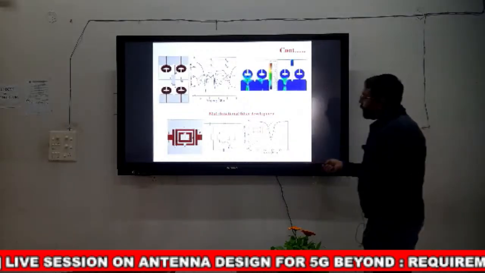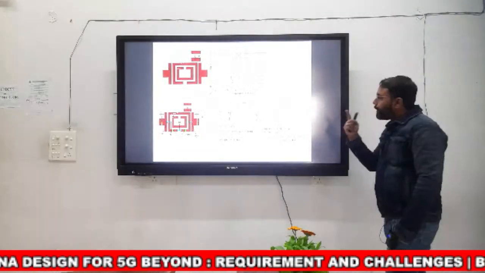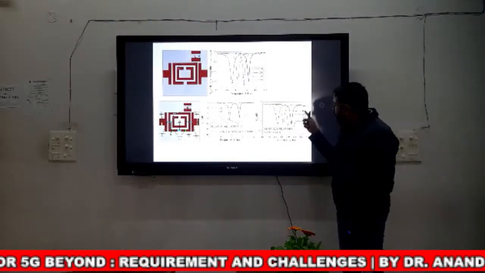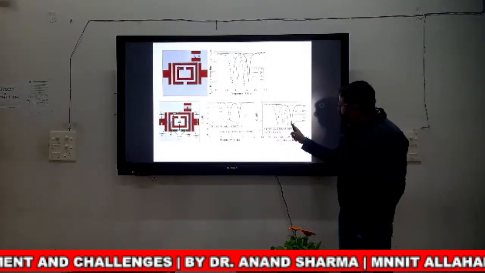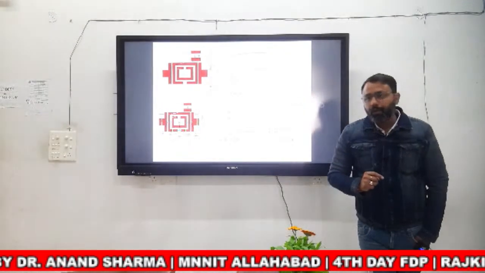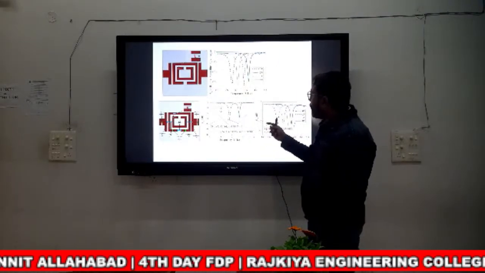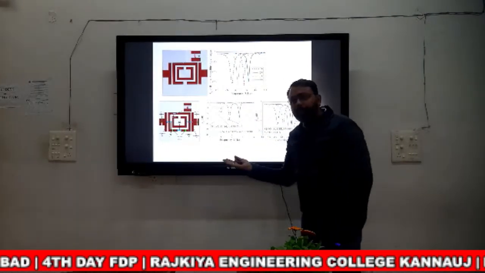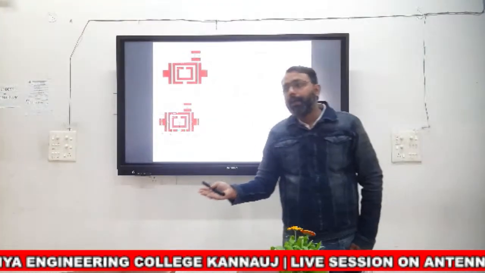Now, as we change the reverse bias voltage of the varactor diode, the resonant frequency is changing. Similarly, if your pin diode is on and off, then it behaves like a band pass filter, or an all pass filter, or a band notch filter.